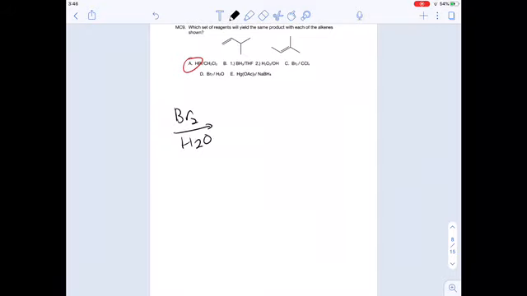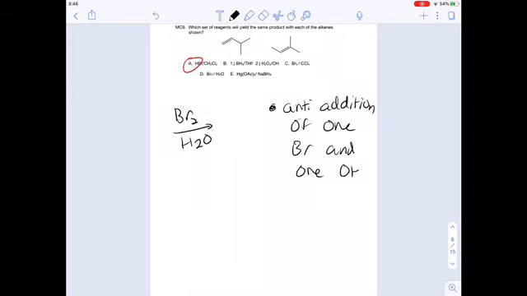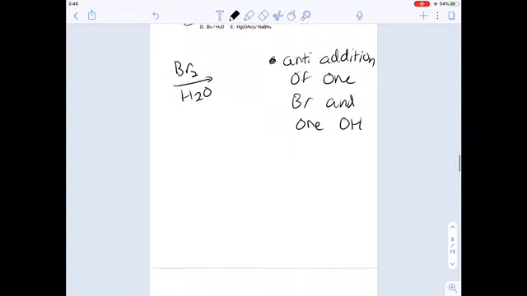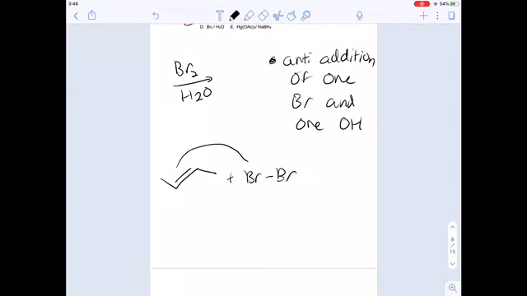Okay. So the next one is Br2 over H2O. So this is another anti-addition of one Br and one OH. So the way that this one works is very similar to the last one. You're going to have the ring intermediate formed when the double bond attacks the Br.